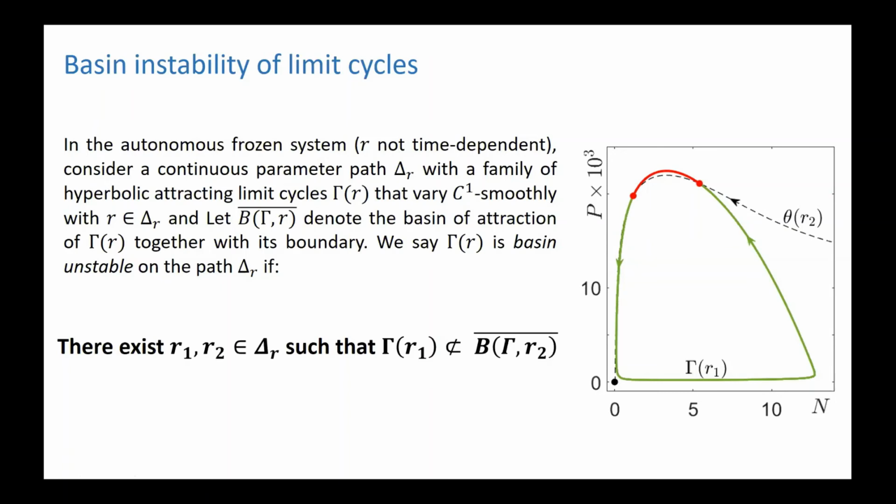In a sense, if you have a climate variability that changes your R from R1 to R2, and you happen to be on this part of the limit cycle, then you will have this tipping. And since this tipping would happen from certain phases of the cycle, we call it phase sensitive tipping.